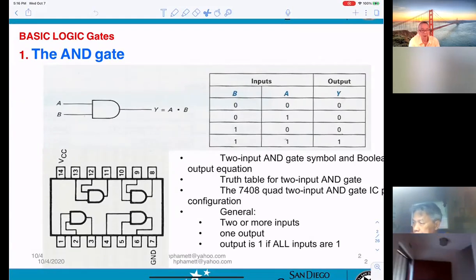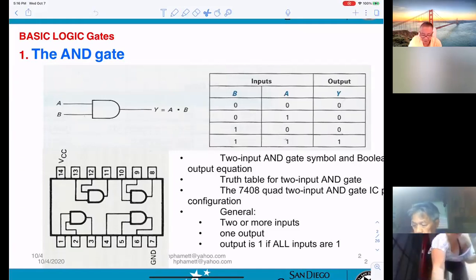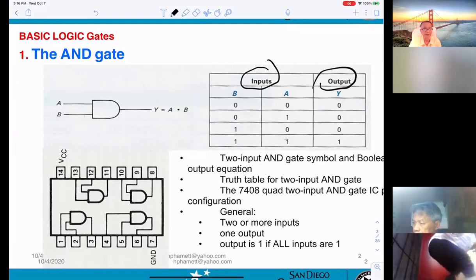If you want to know the input and the output, you can look into the truth table. Here is the truth table, with the inputs and the output. A 0, B 0, you get 0, and so on.